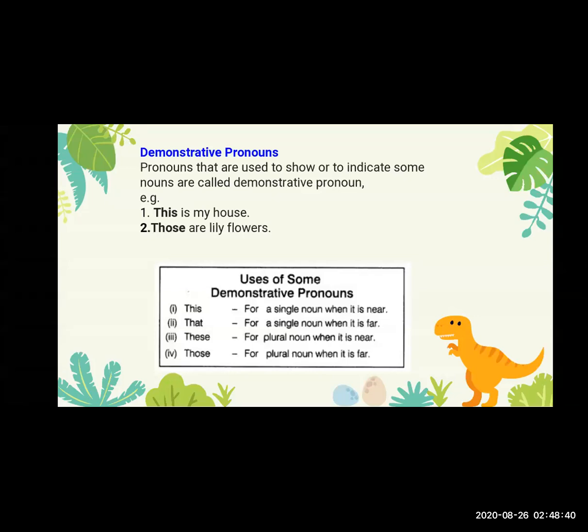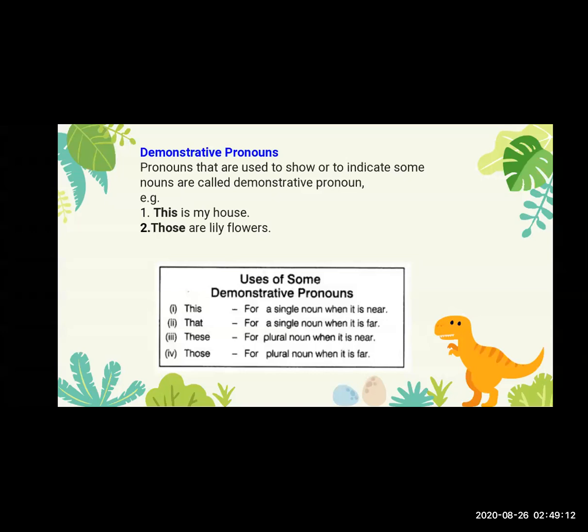If you are talking about a particular person, you say this person. So whenever you talk about a particular person or specific thing, you use the demonstrative pronoun.